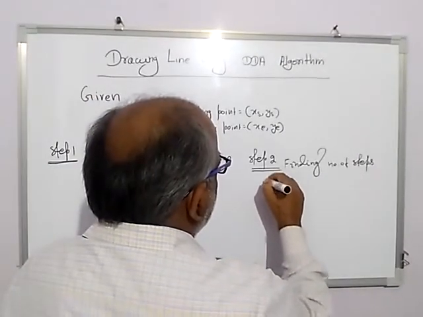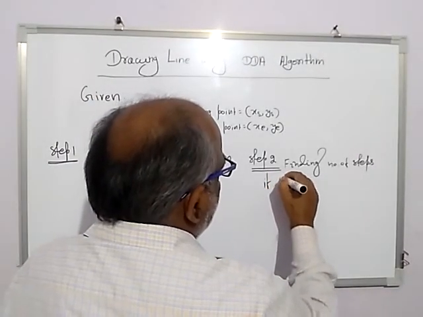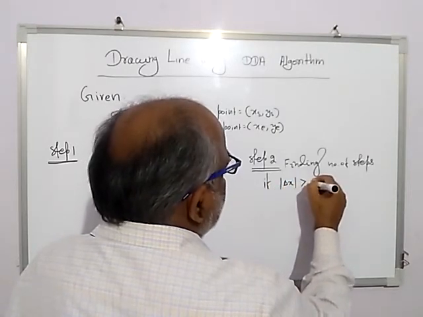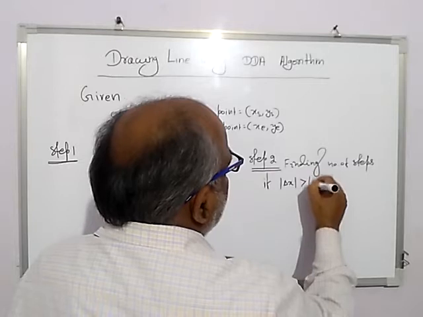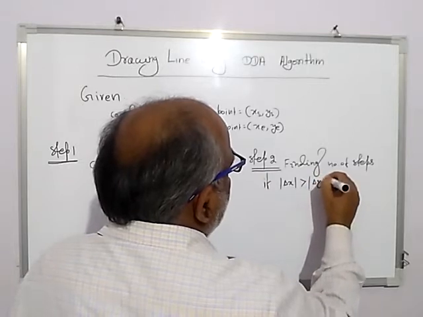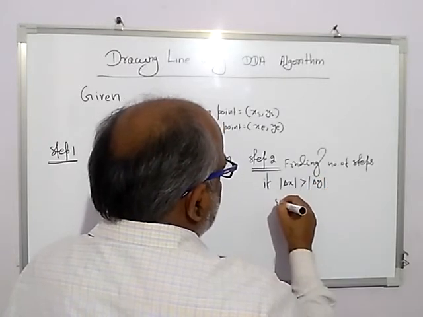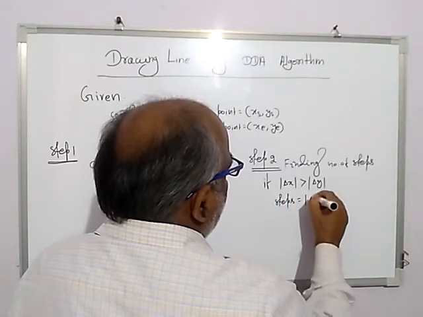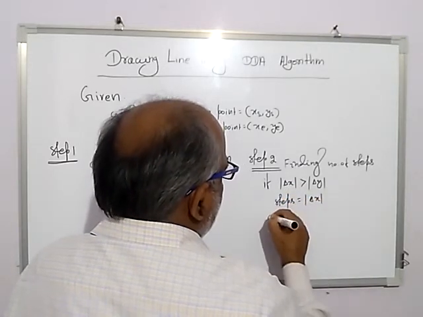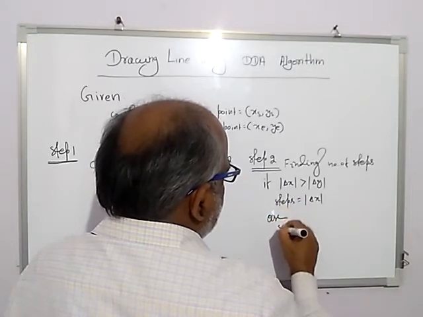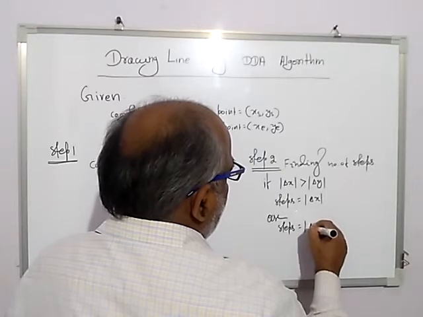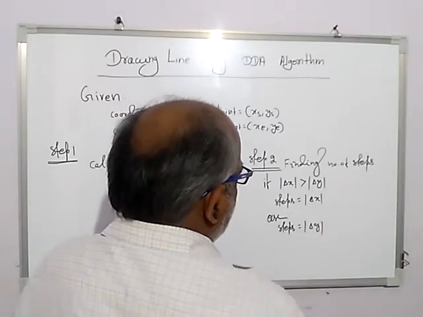If the absolute value of delta x is greater than the absolute value of delta y, then steps equals the absolute value of delta x, else steps equals the absolute value of delta y.